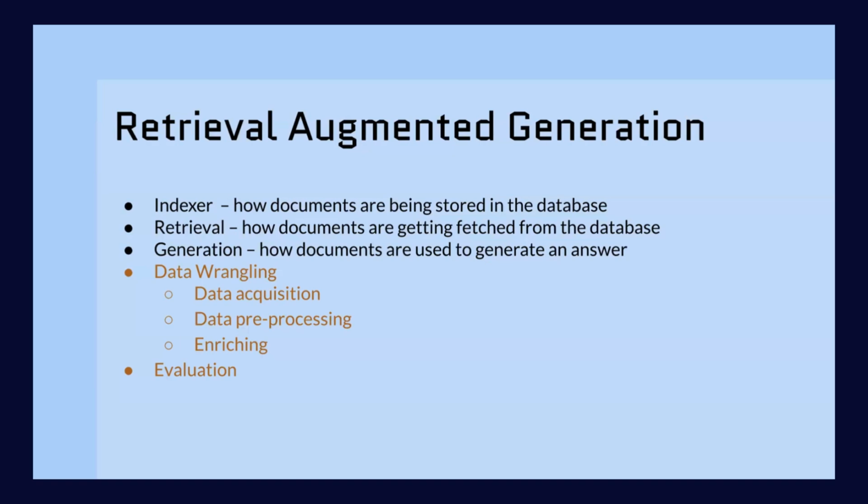I'll get into how you can do that later in the presentation. And on top of that, once you've built this whole system, how do you evaluate it? How do you know if it's correct or not? We're going to get into a little bit of that too.